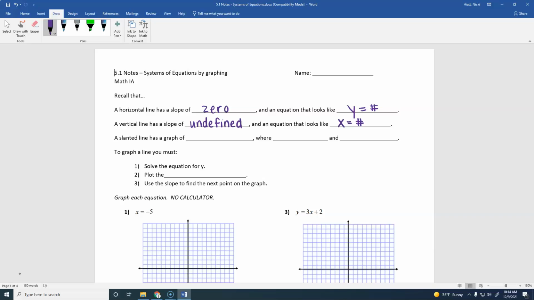A slanted line has a graph of y equals mx plus b, where m equals slope and b equals y-intercept.